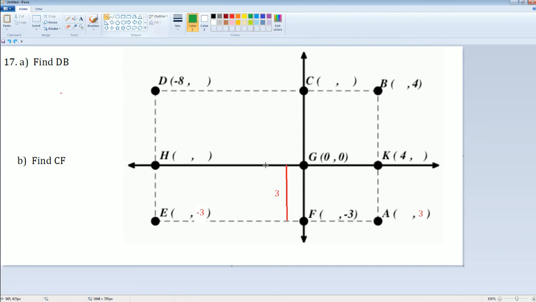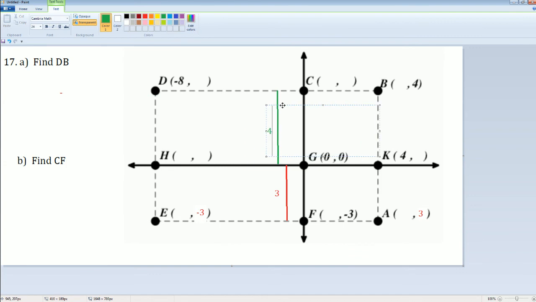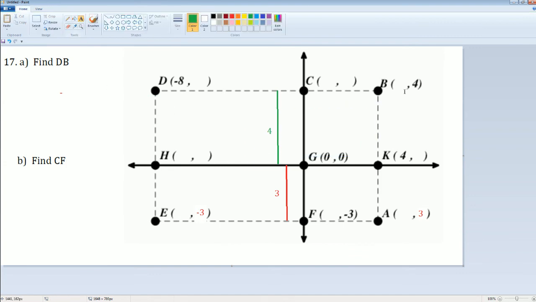Let's go to green. Let's do that going up. How much is that? That looks like it goes up 4. So the point here is 4. This point here is also going to be 4. That means this also has to be 4. Let's make this blue.